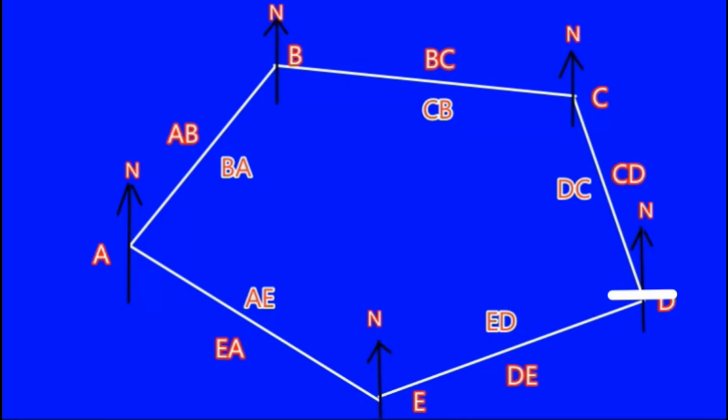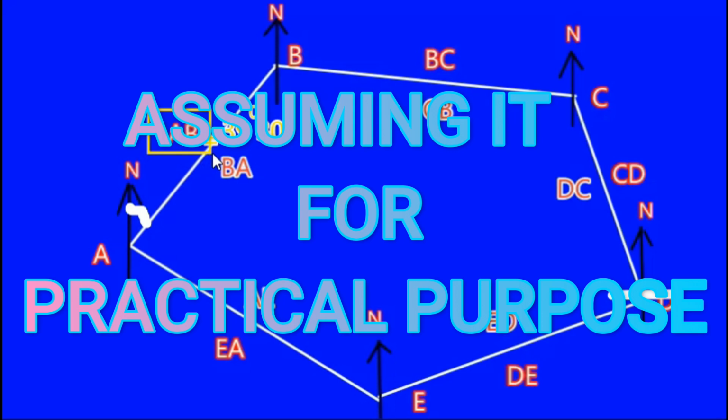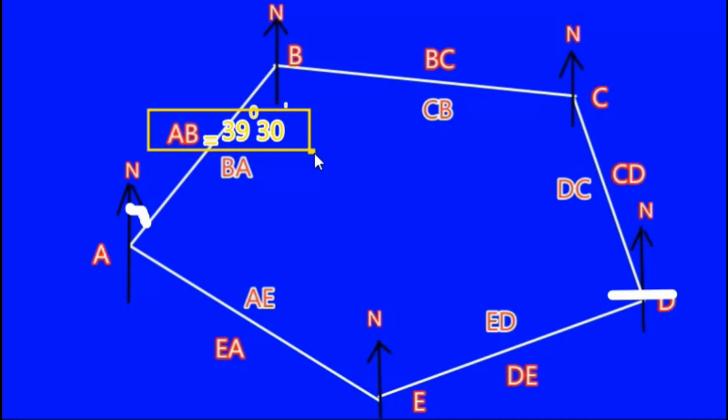Here we have the forebearing of AB, and the AB forebearing will be this one over here as shown in the figure, and it's been shown here as AB equal to 39 degrees and 30 minutes. And now next we'll take the back bearing of AB, and the back bearing of AB will be starting from this point and it will come back in this direction over here.